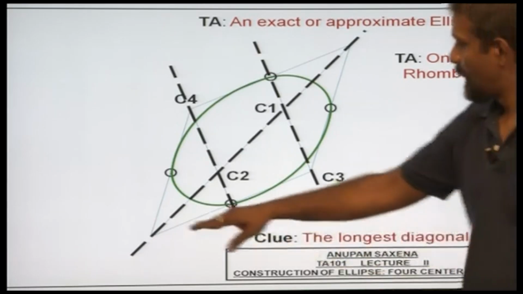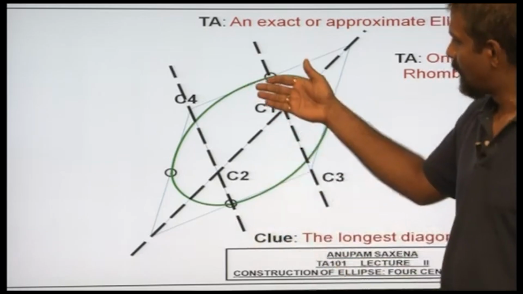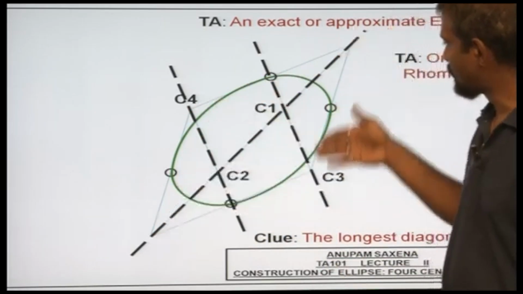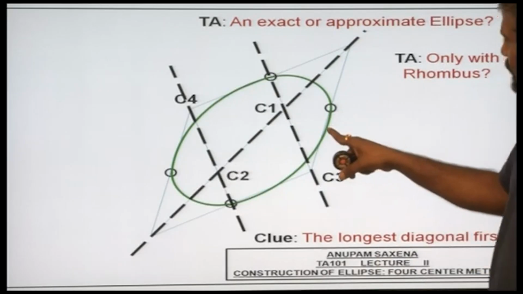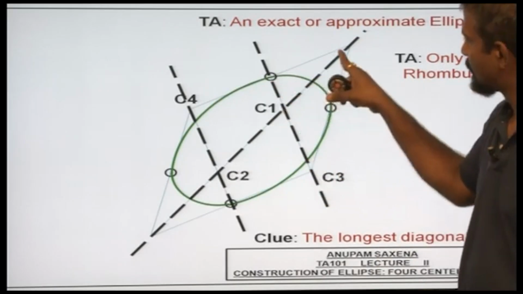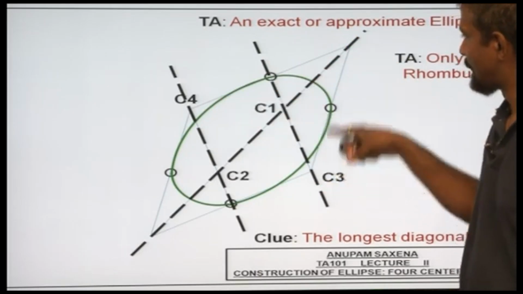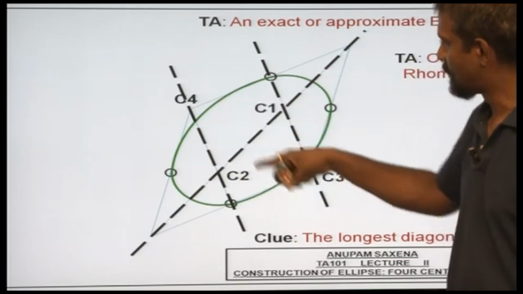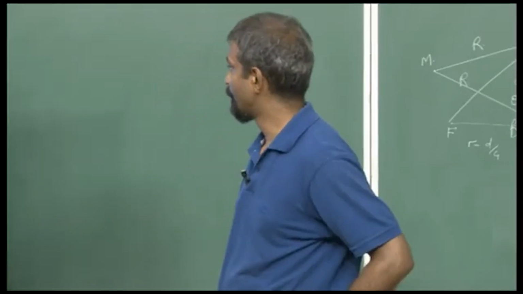If this length and this length have to be the same, and if they are different from these 2 lengths, then this method will not work. Incidentally, this arc has to be tangent to these 2 line segments. This part has to be tangent to these 2 line segments. And that would not be the case for any generic parallelogram.